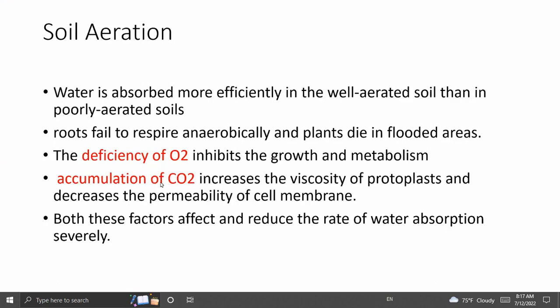When CO2 increases, the permeability also decreases. Therefore, both these factors, deficiency of oxygen and excess CO2, have an effect on water absorption in the soil. Okay? Understood?